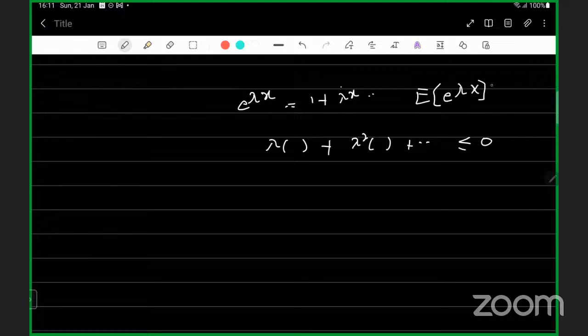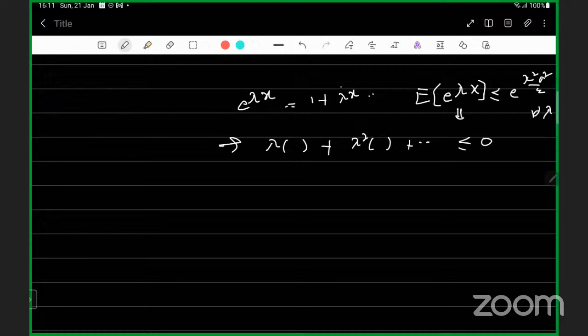This is the definition of sub-Gaussianity, for all lambda, right? You just use the definition and get some inequality like this.